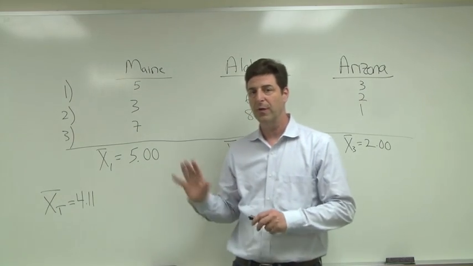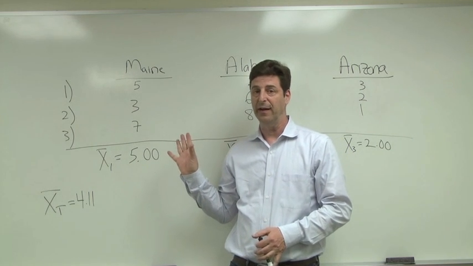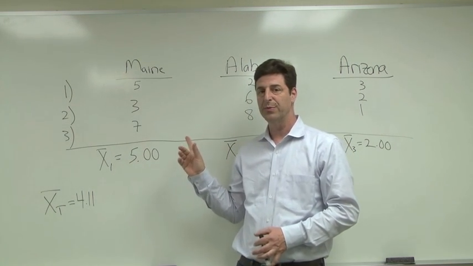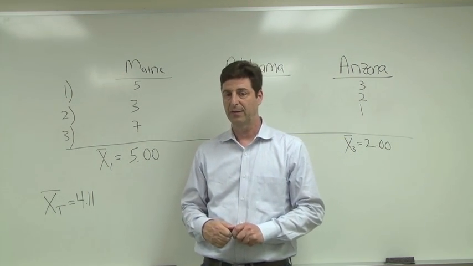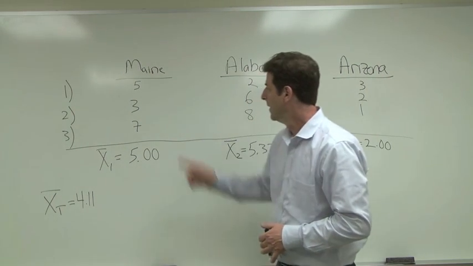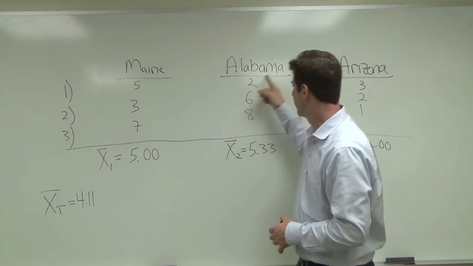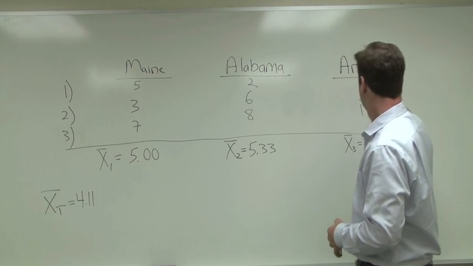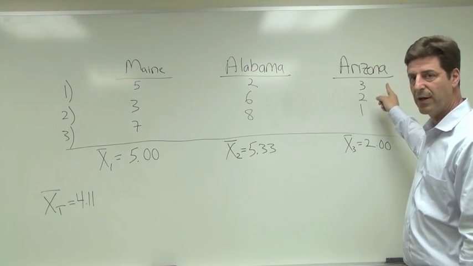Okay, so now I have a data set, and I have 3 groups of kids. Let's say they're 10-year-olds. I've got 3 kids from Maine, 3 kids from Alabama, and 3 from Arizona.